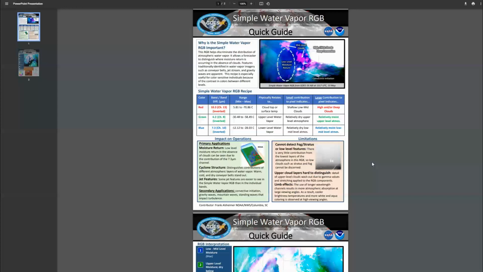Some jet structures are easier to see in the simple water vapor channel than in the individual bands, and we've looked at that. But tonight's example doesn't really show that, so it's perfect on all levels of the atmosphere, including the simple water vapor. And secondary applications, convection initiation, which we've showed you in the whites, and gravity waves, mountain waves, standing waves that impact turbulence.